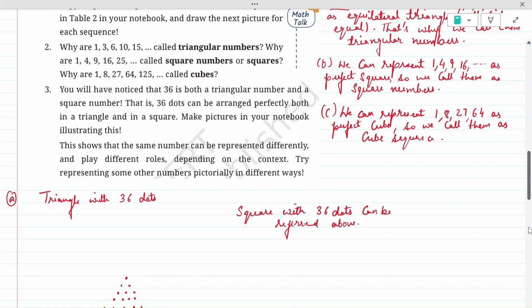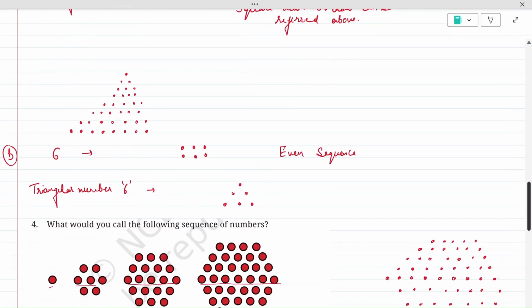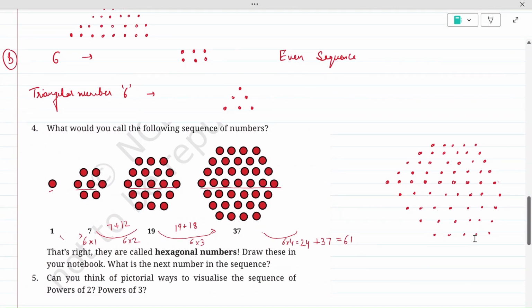Okay, and in the next question we have seen a new structure which is called the hexagonal numbers, and they are called hexagonal numbers because we can represent them in the form of a proper hexagon, and every number has one more hexagon added to it with the multiple of the position of that number, right?